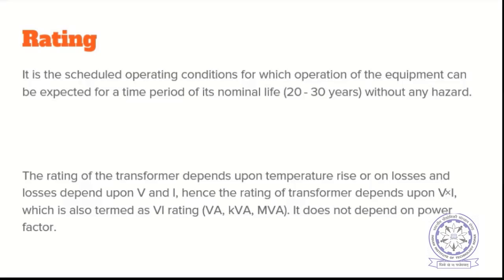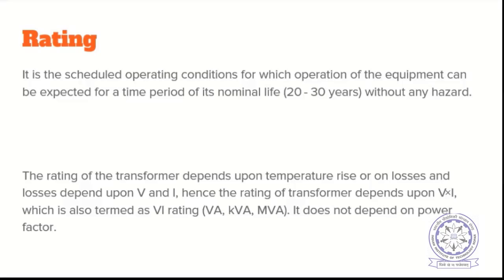But on what does this rating depend? Whether V or I or what else, or power factor. The rating of the transformer depends upon the temperature rise. Temperature rise will be due to losses only, and losses depend upon both V and I. Hence, the rating of the transformer depends upon V into I, also termed as VI rating or volt ampere rating.